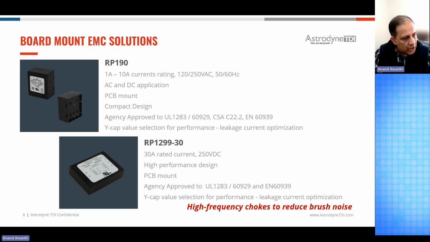It allows you to still use a Y cap and get the insertion loss performance out of it while also complying with the leakage current requirements. So it's RP190-10-0.33. That's your part number. This appears across the board on all our filters. Any filter that you select from us will give you this option if it has X caps, Y caps, and an inductor in it.